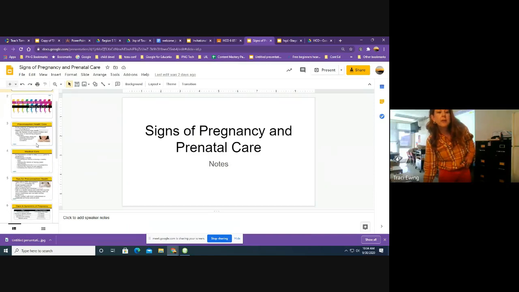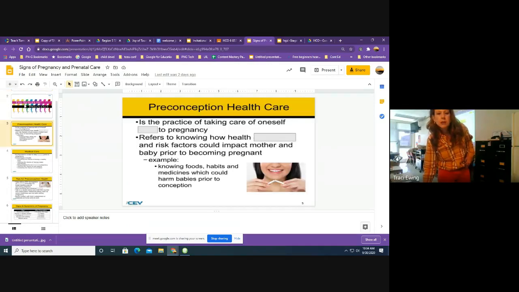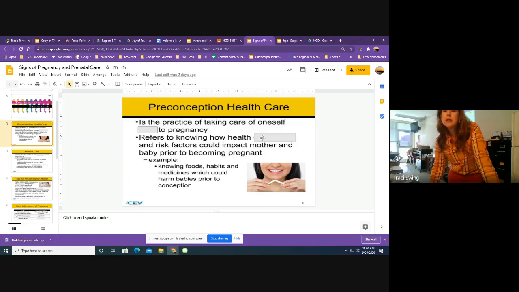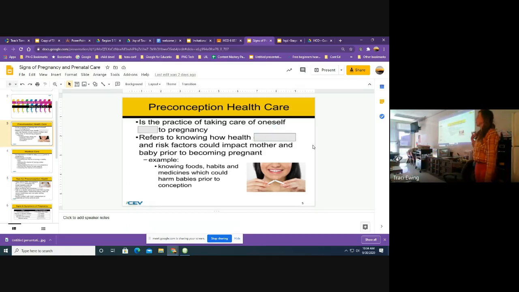Just a little bit of information about the slides. As you fill out the slides, you'll see the blanks. I think I created it a little better this time than last. You'll see the blanks and you'll be able to click and type on the blank. Now, one slide, 3 or 4 slides in, you can't click.